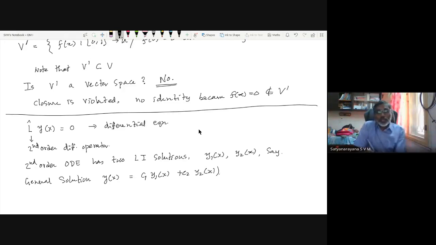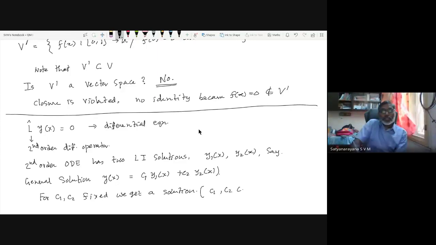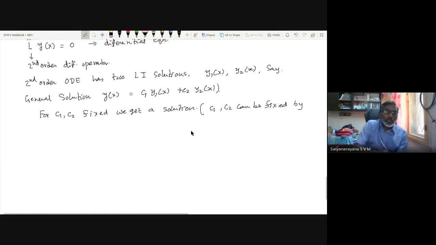Now for c1 and c2 fixed, we get a solution, and c1 and c2 can be fixed by using initial conditions.